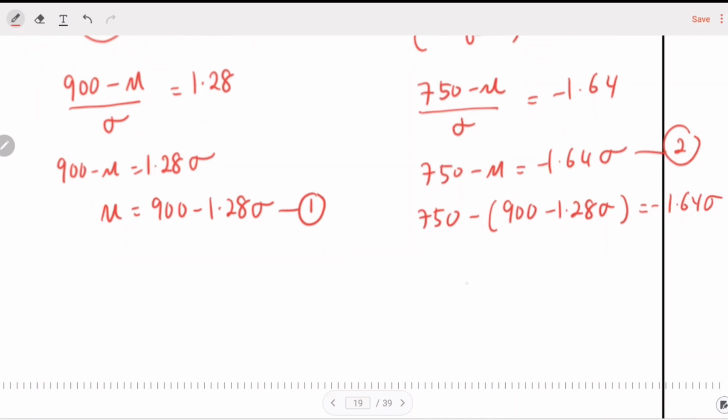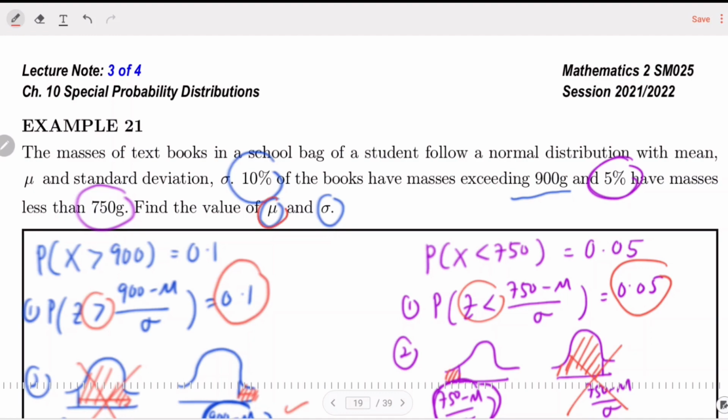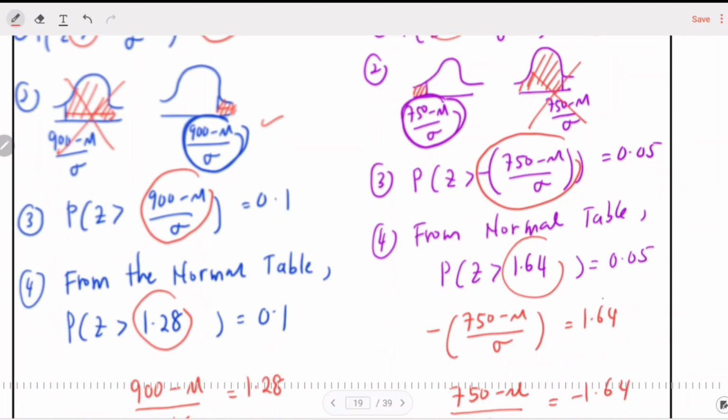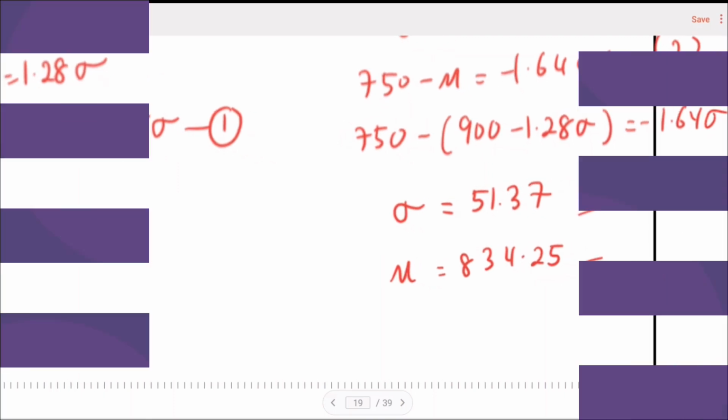After that, you're going to get the value of sigma. If you solve it, you're going to get the value of sigma is 51.37 and mu is equal to 834.25. So, we already found the value for mu and sigma as the question asks.